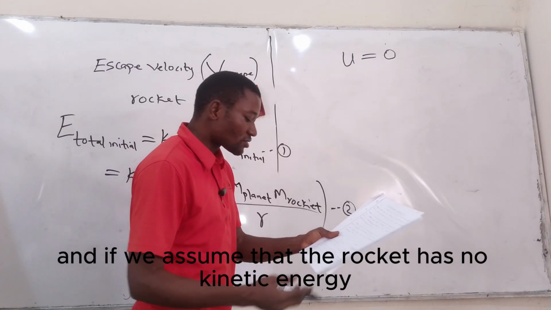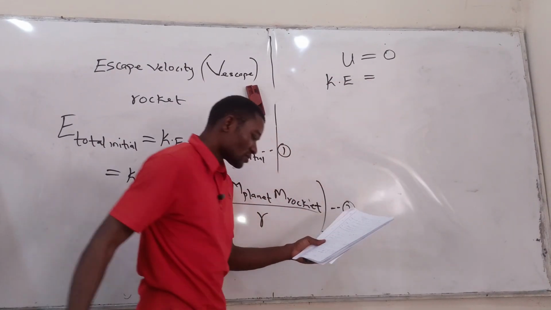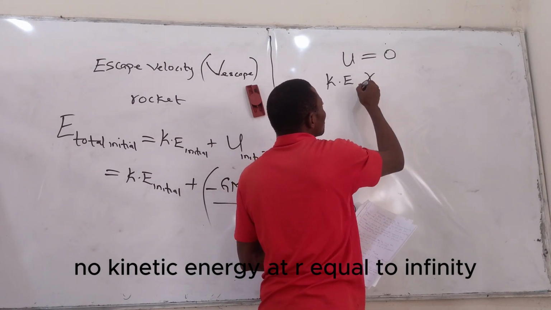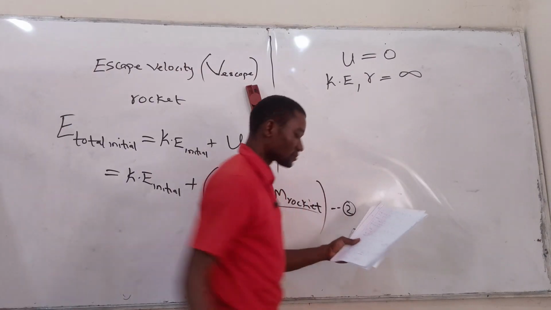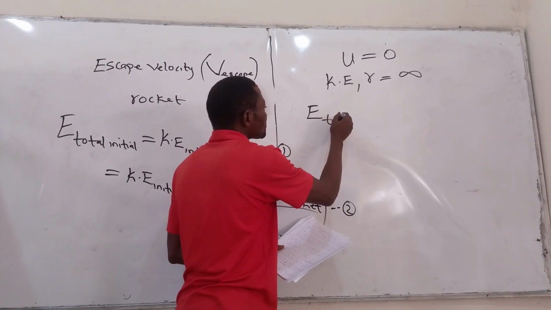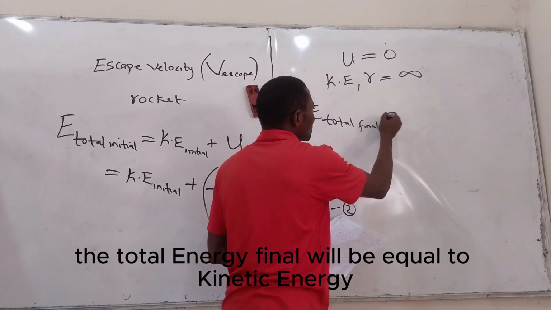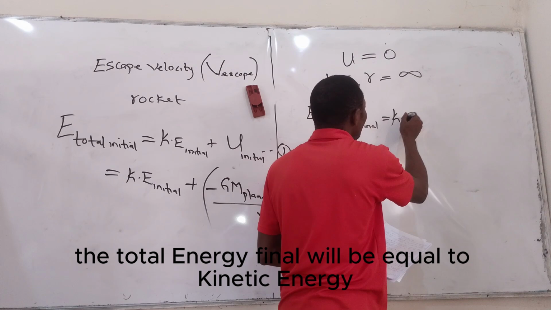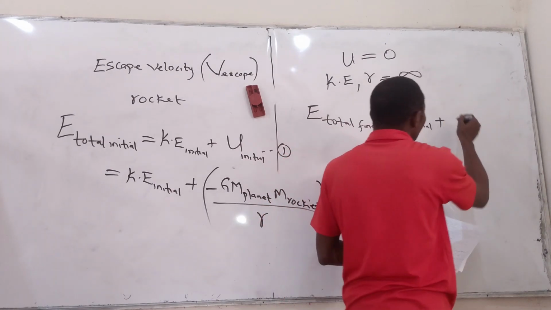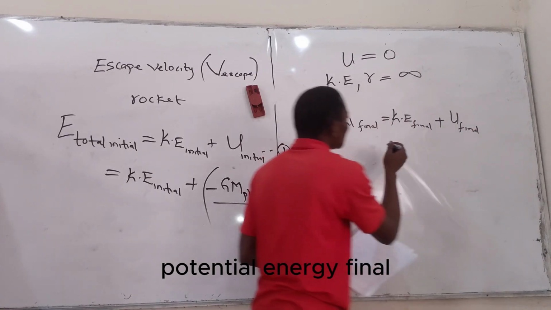And if we assume that the rocket has no kinetic energy at r equal to infinity, then the total final energy will be equal to the final kinetic energy plus the final potential energy.